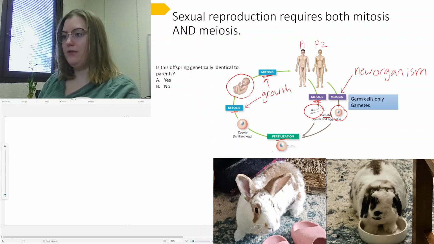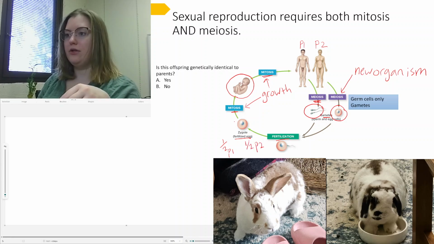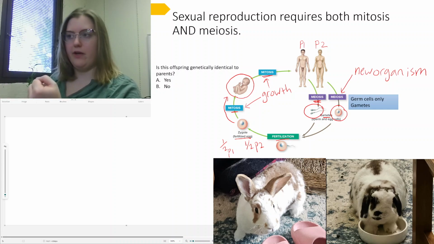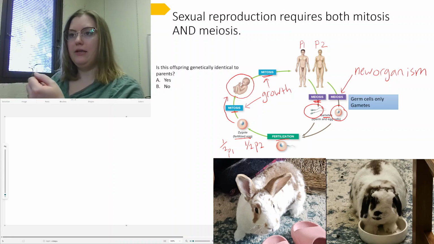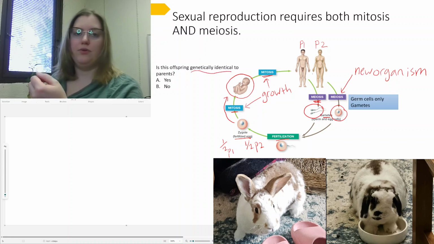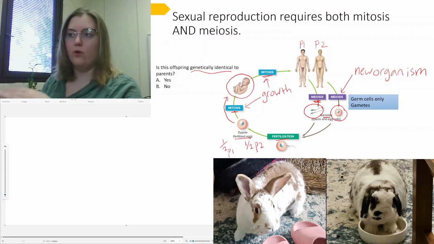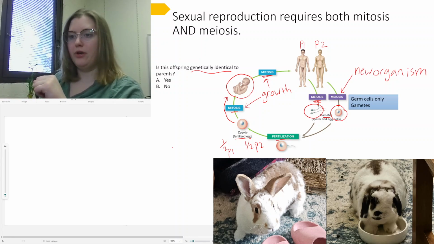So now this fertilized zygote is 1/2 P1 and 1/2 P2. And this zygote is going to go through mitosis, cell division, and we are going to get our little human baby right here. So is the baby genetically identical to either of the parents, P1 or P2? Go ahead and put in your iClicker answer, and we'll move on.